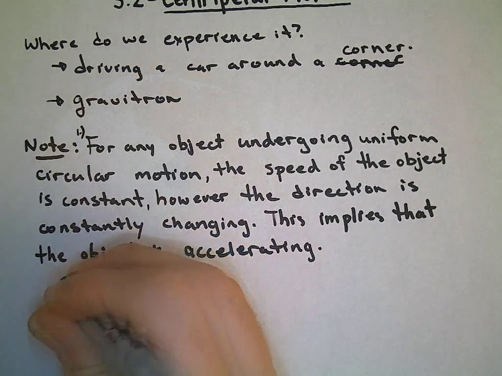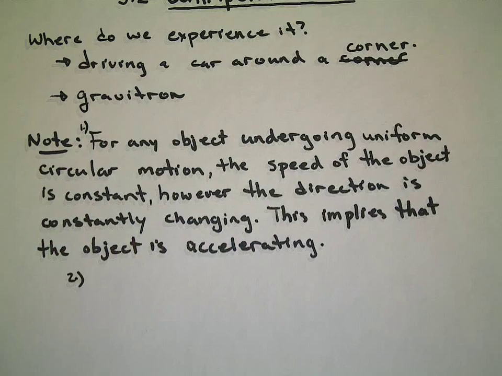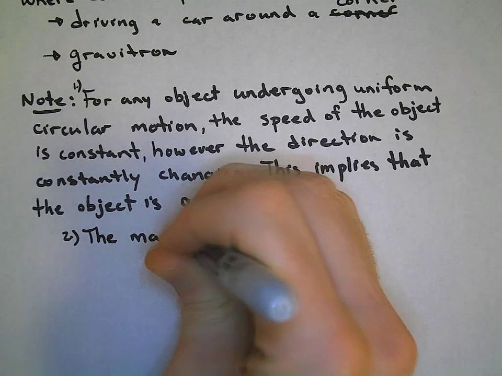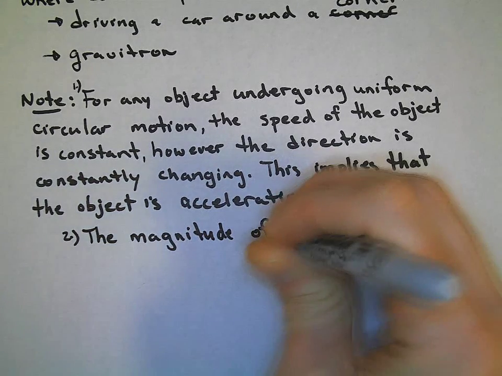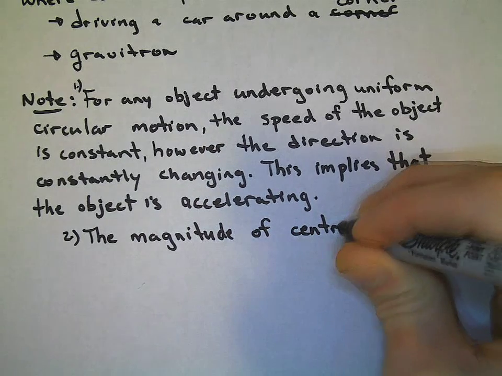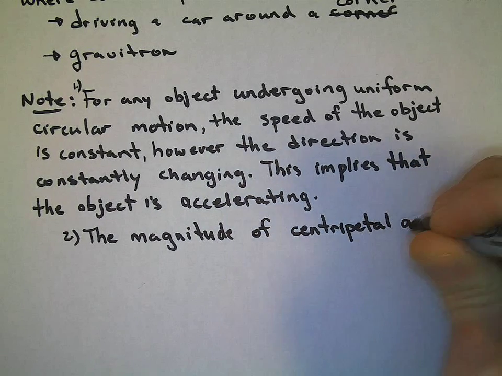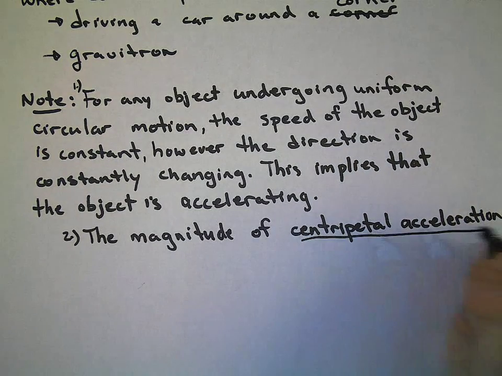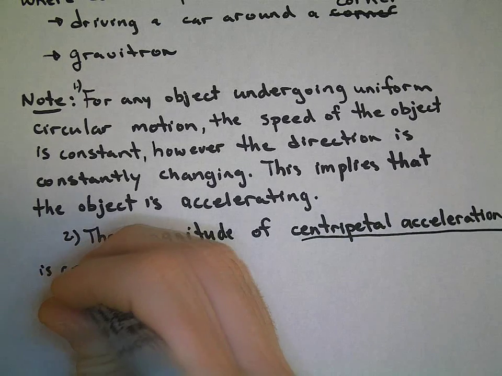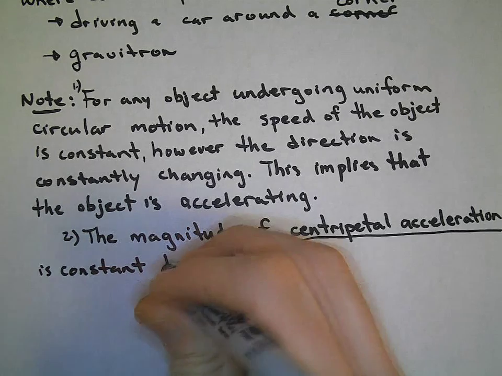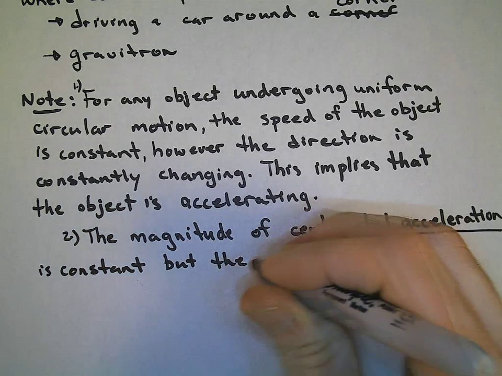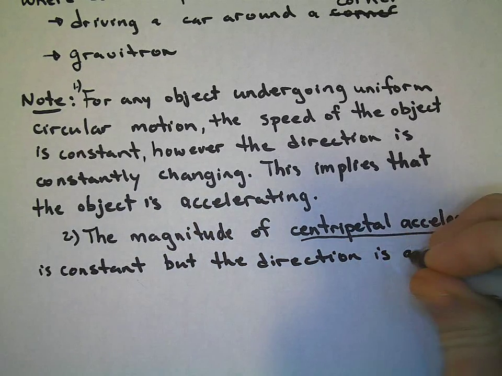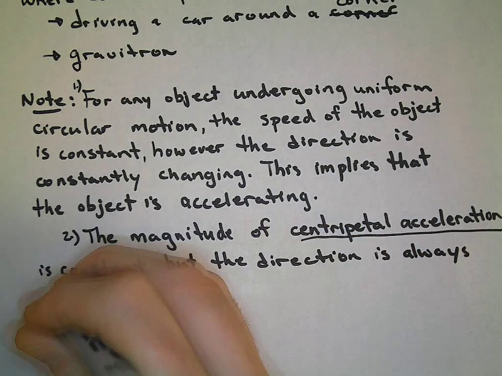Second thing that we should note before we analyze centripetal motion mathematically is the fact that the magnitude of our centripetal acceleration, and that's what we're going to be looking at in this video, is constant, but the direction is always changing.